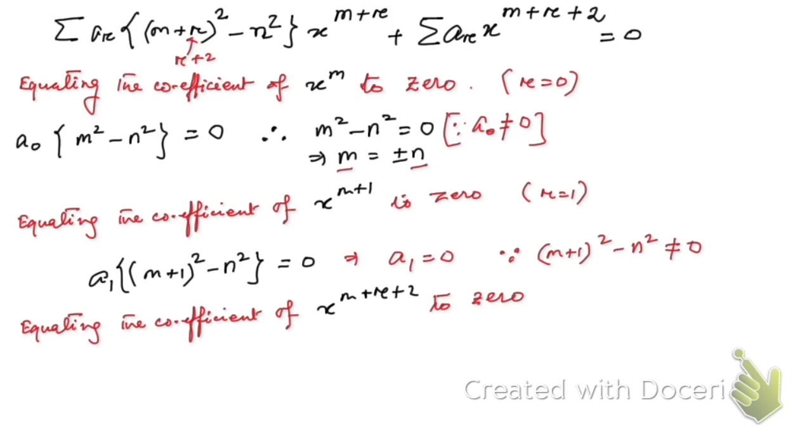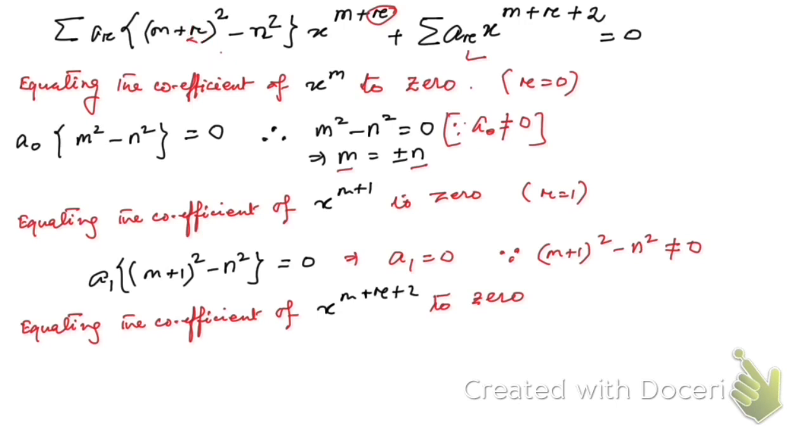And here we're going to keep this one as ar, because here already we have r plus 2 on this x to the power m plus r plus 2, so nothing is going to be changed. But in the first term, we're going to replace this r by r plus 2, right? So hope you have understood this.